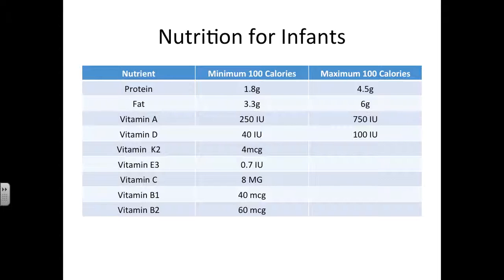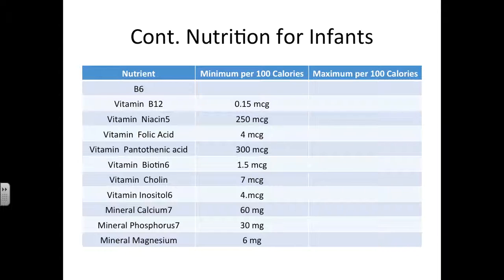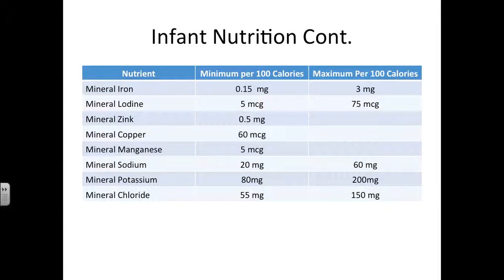So as you can see, I've broken down vitamins and protein, fat, more vitamins, calcium, phosphorus, magnesium. And for those that need a refresher, G stands for grams, MG stands for milligrams, MCG stands for micrograms, and IU is the international unit for measuring fat-soluble vitamins.